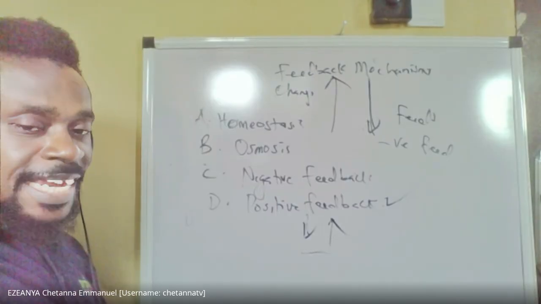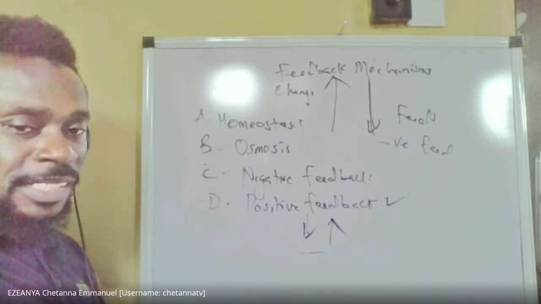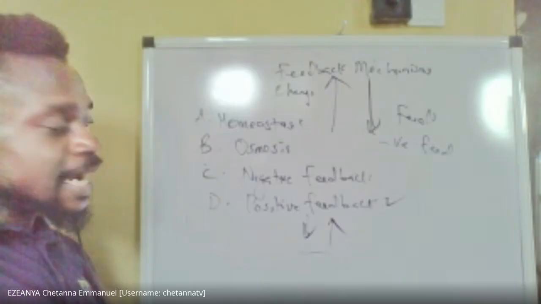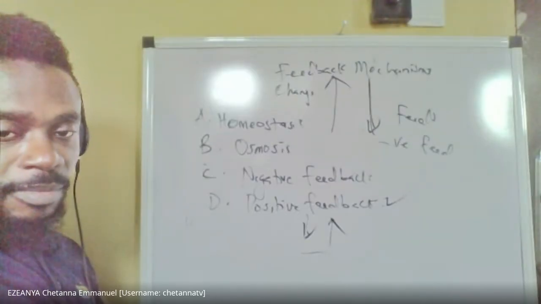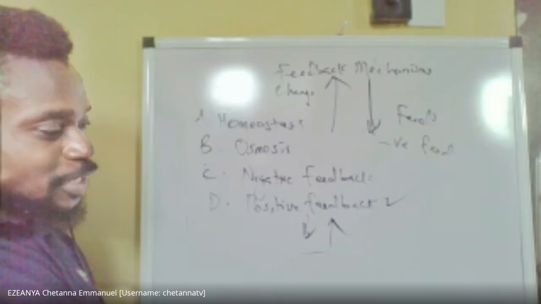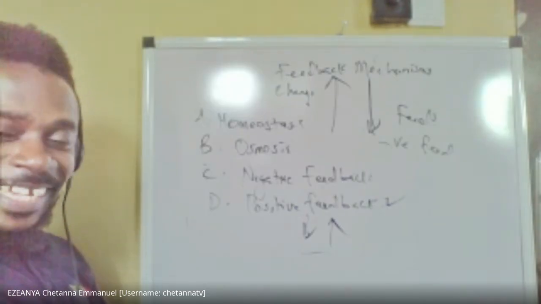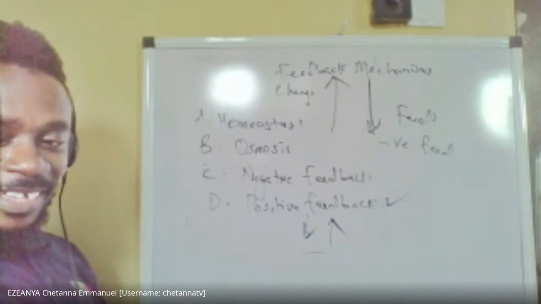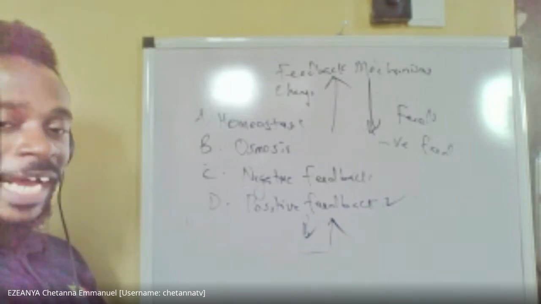There are some exceptions where the feedback is positive, something like uterine contraction during labor. This one is positive what? Feedback. Because the change will keep being amplified so that the baby can come out.